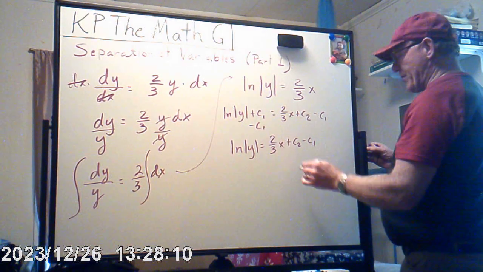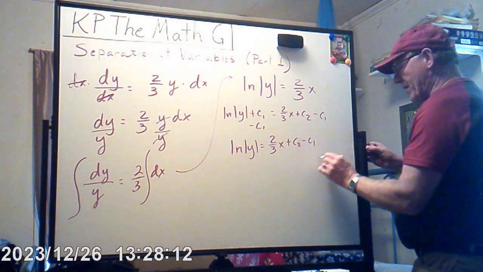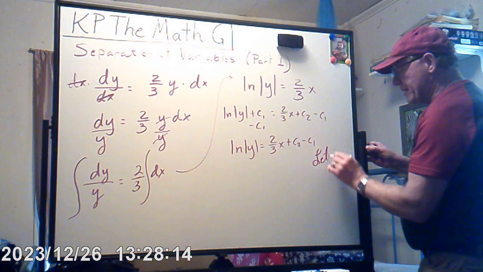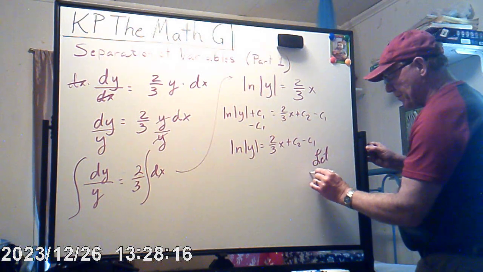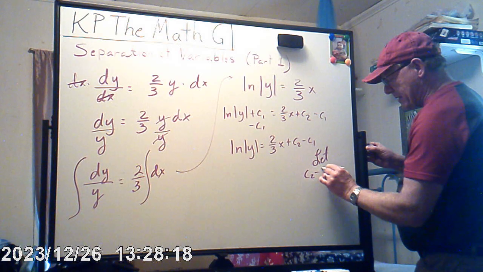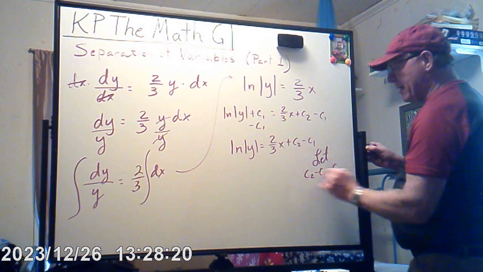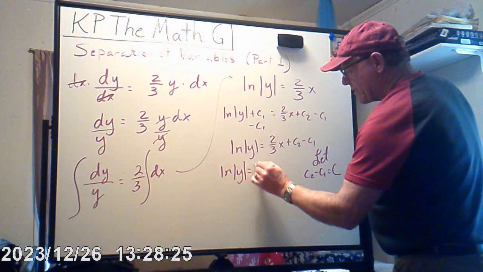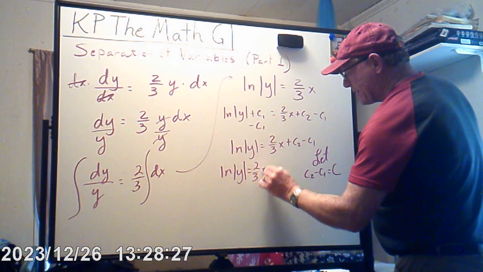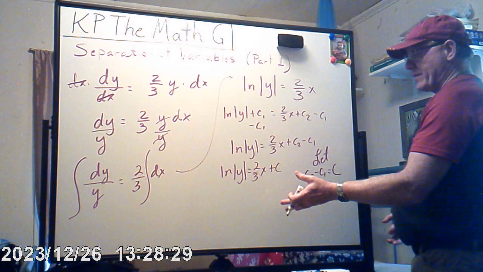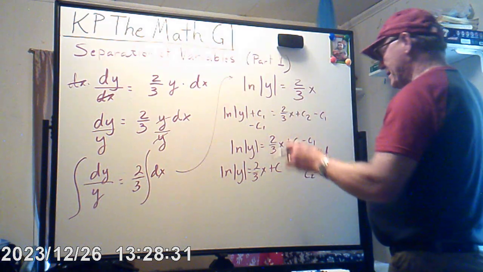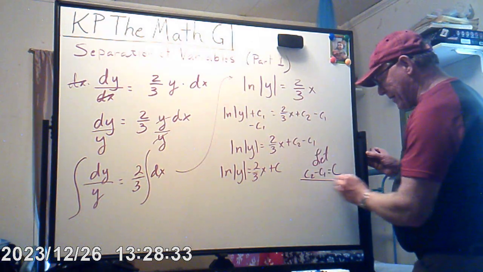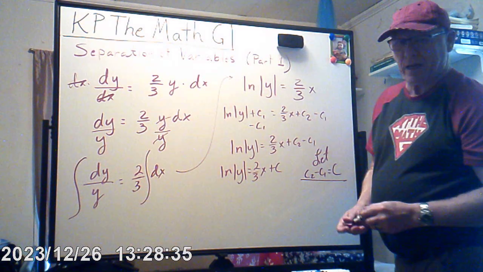But here again, if I let c2 minus c1 equal c, then I have ln of y is equal to 2/3 x plus c. And instead of doing all of that, I'd rather just let it equal c like that.